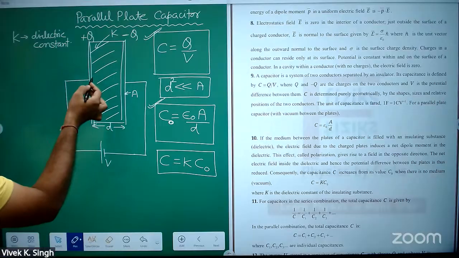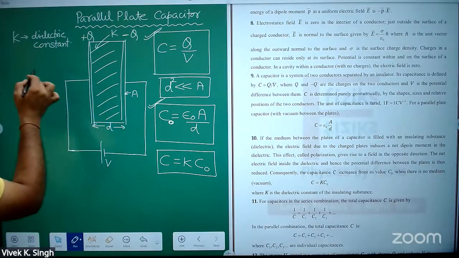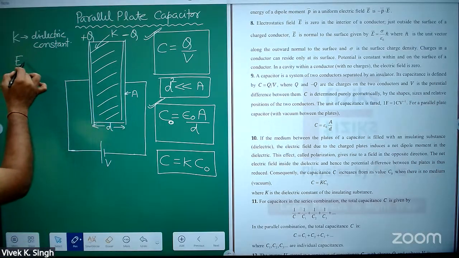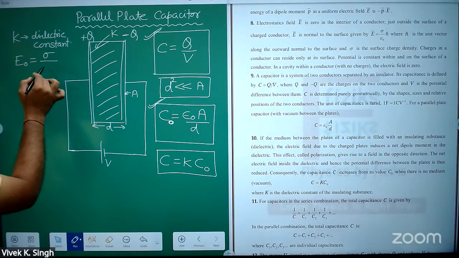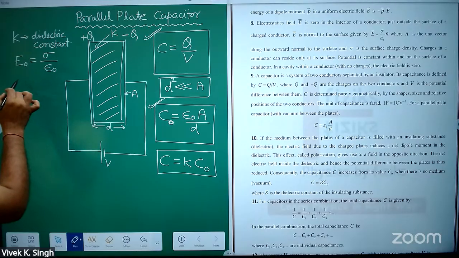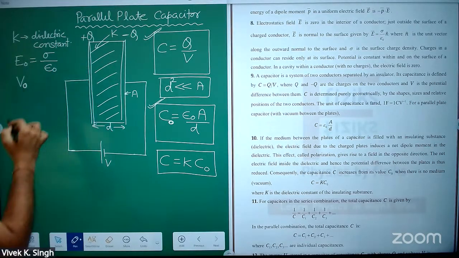And the electric field in the free space case is, let's say, sigma by epsilon naught, and the potential difference is V naught.